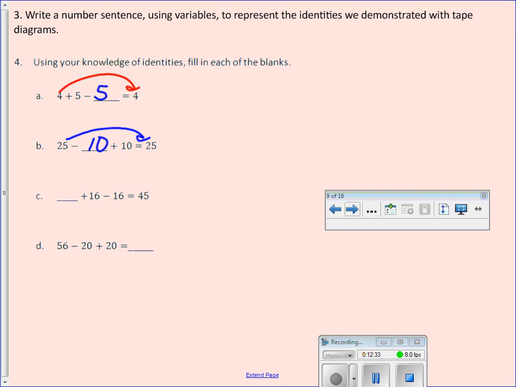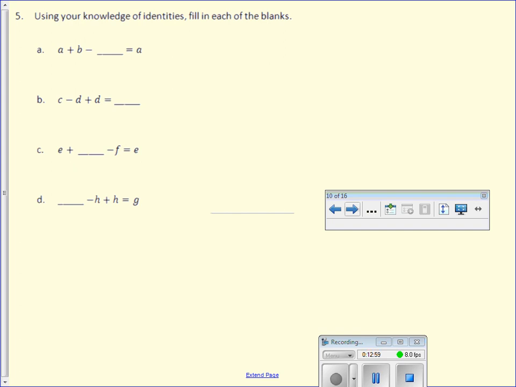What number would I have if I added 16 to it, and then took that 16 away, and I was left with 45? What did I start with? So if I have 56, and I take away 20, and I put 20 back, 56. Okay? Let's try it with variables. So if I have A, and I add B, what do I have to take away to get my A back?